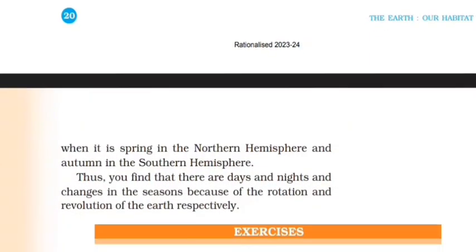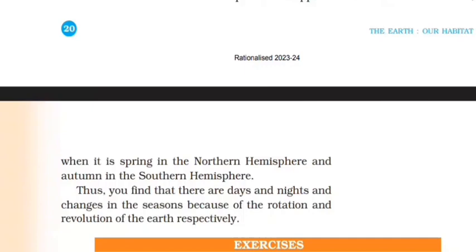On 23rd September, it is autumn season in the northern hemisphere and spring season in the southern hemisphere, and it is opposite in the case of 21st March, when it is spring in the northern hemisphere and autumn in the southern hemisphere.